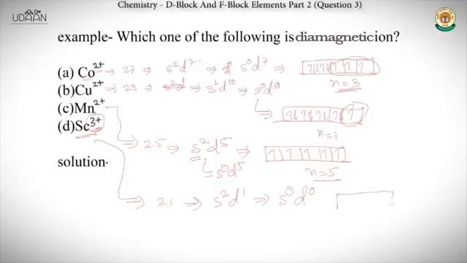So there will be no electrons in its d subshell or s subshell, so its valence shell will be empty. So n is equal to 0, as there are no unpaired electrons. So it's diamagnetic. Yes, so the answer is Sc3+. Okay, so in this type of question, we have to just find the electronic configuration and find out the number of unpaired electrons.